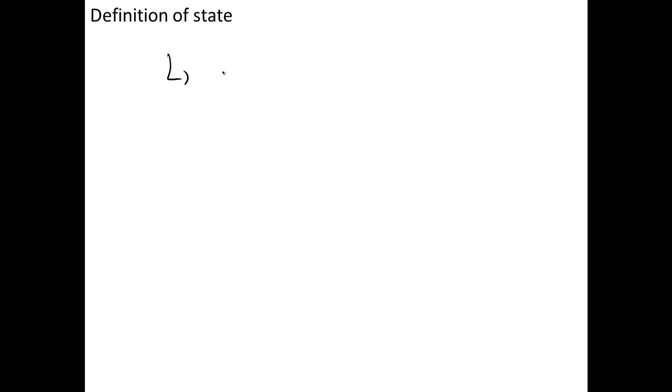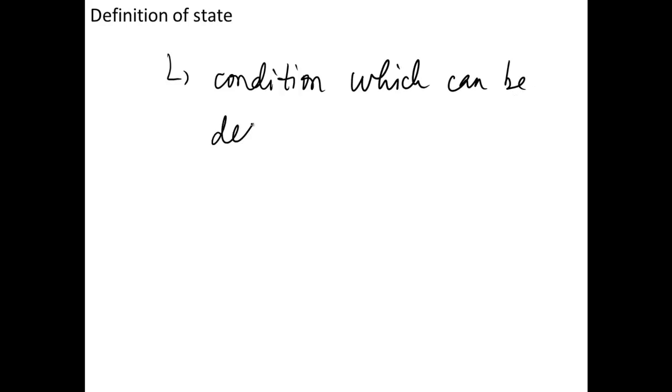So state is a condition which can be described by its properties.